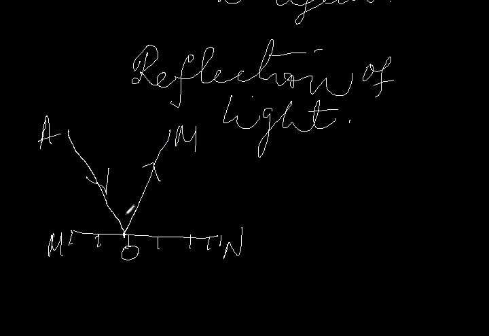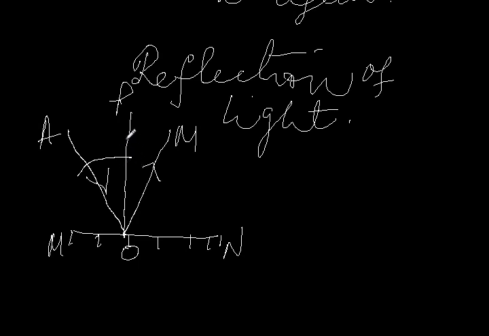Here, AO is the incident ray, O is the point of incidence, OM is the reflected ray, MN is the reflecting surface, and if a perpendicular is drawn at the point O, perpendicular OP, this is called the normal. So OP is the normal. The angle between the incident ray and the normal is called the angle of incidence.